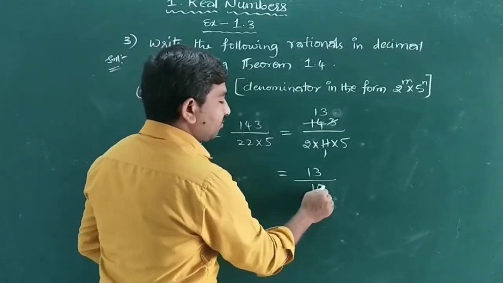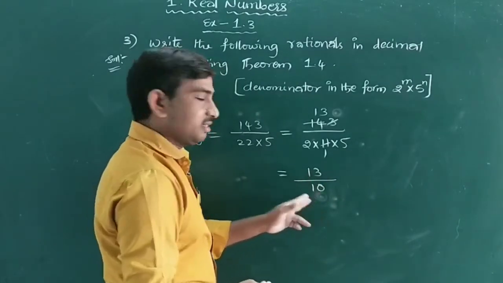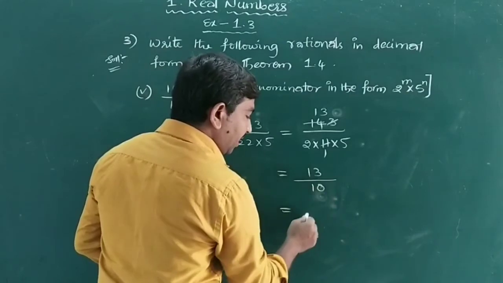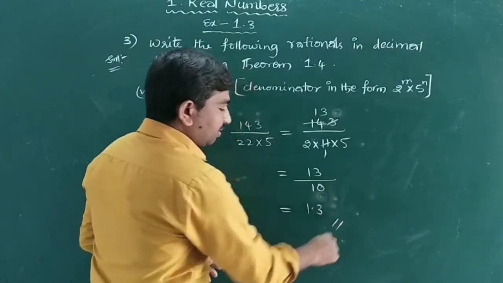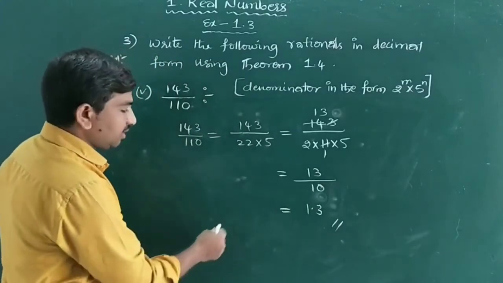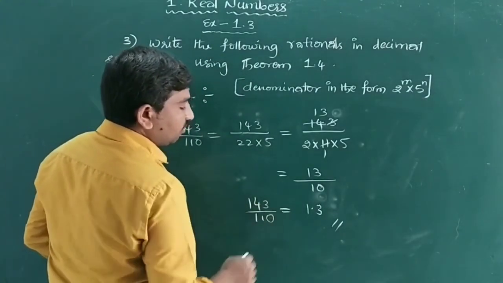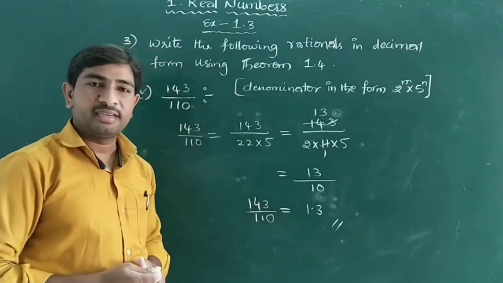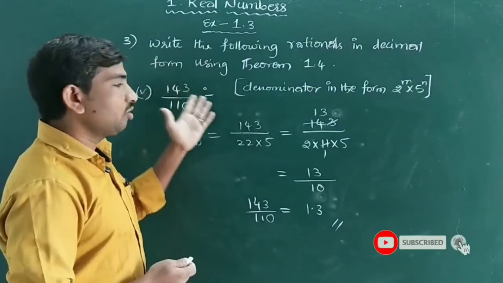So directly we can write the decimal form. Now 13 by 10 value is 1.3. After the 1 digit we have to keep the point. That value is 1.3. The decimal form of 143 by 110 is 1.3. Okay, I hope you understand that exercise 1.3 thoroughly.